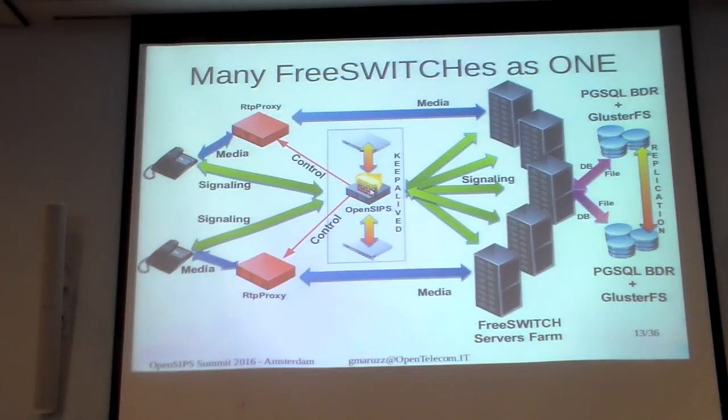And OpenSIPS then answers them, managing the NAT, and so giving to the clients the address of our proxy media relay for sending the media, and from that media relay, the media will go to one FreeSWITCH server on the backend.